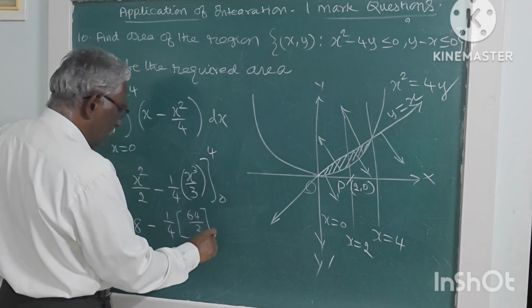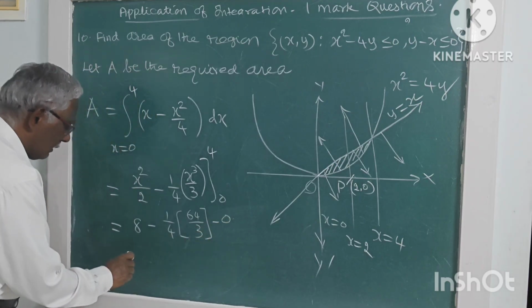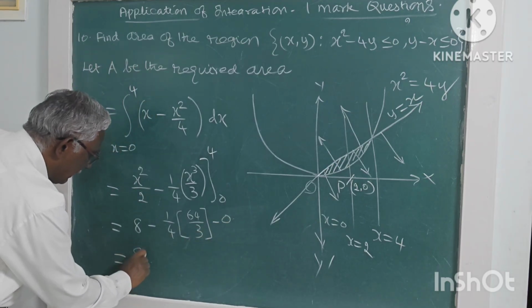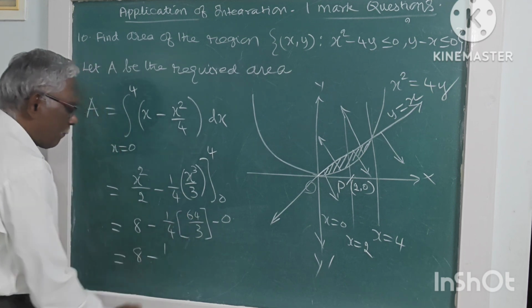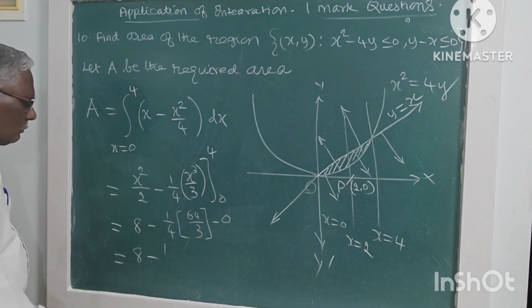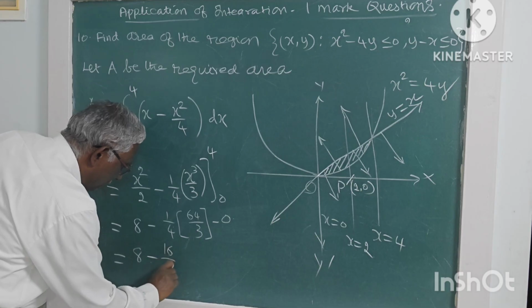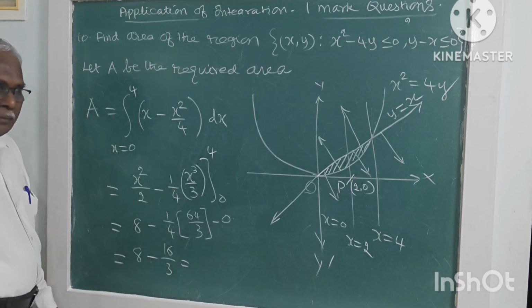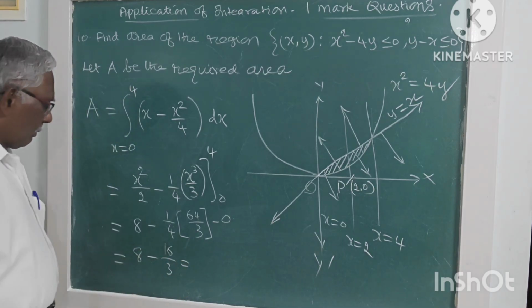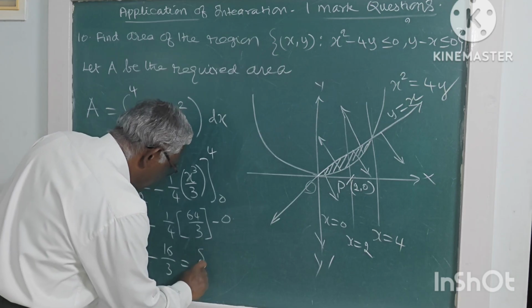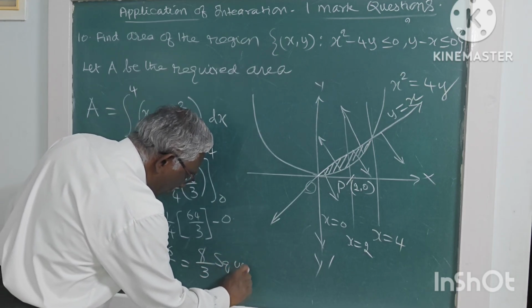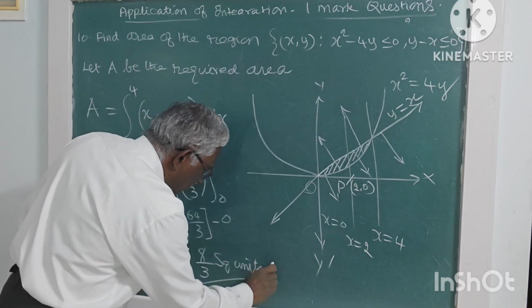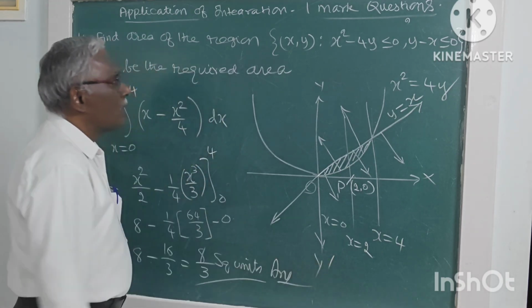If you put x is 0, 0 only comes. So this will be 8 minus 16 by 3. So 24 minus 16, 8 by 3 square units. So this is the answer.